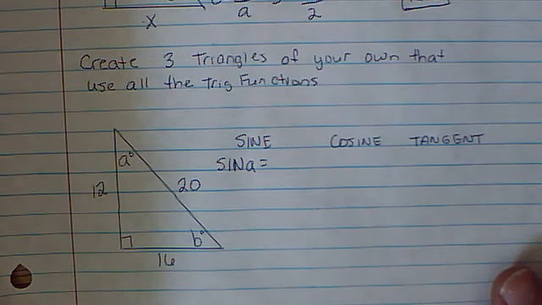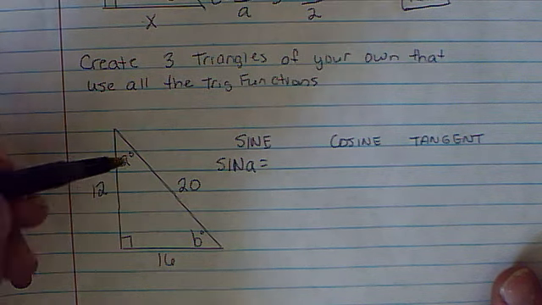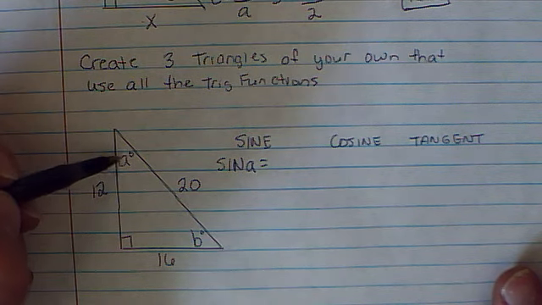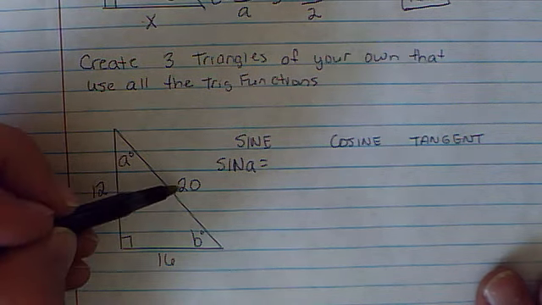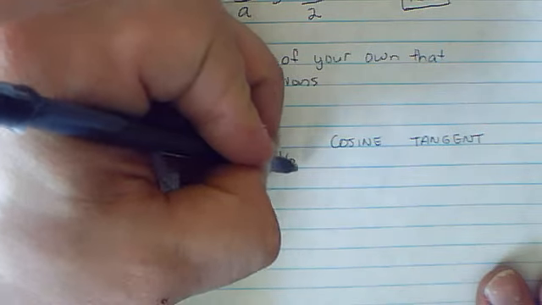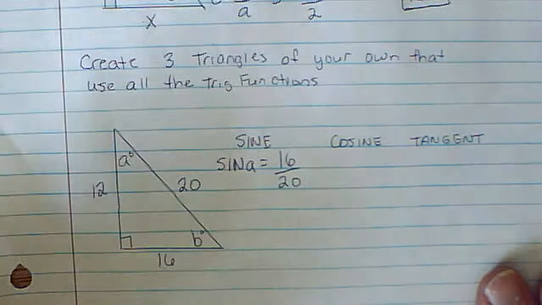I'm using the inverse of sine in order to find this angle measurement. I'm still going to set it up using the same ratio. So I know that sine is opposite over hypotenuse. Well, here's A. The opposite is 16. The hypotenuse is 20. So that's 16 over 20.